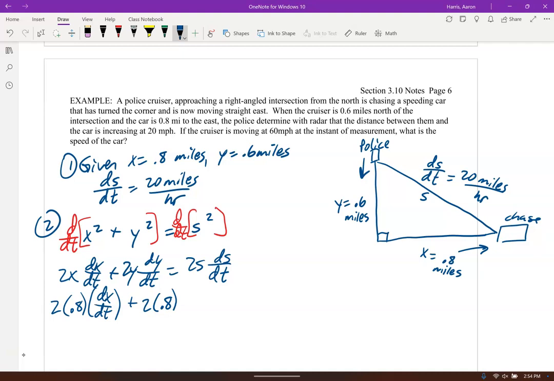And I should have said, I forgot one more given here, my apologies, right here. If the cruiser is moving at 60 miles per hour, so that's our dy/dt.